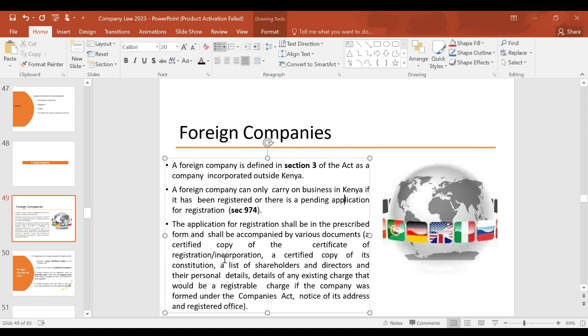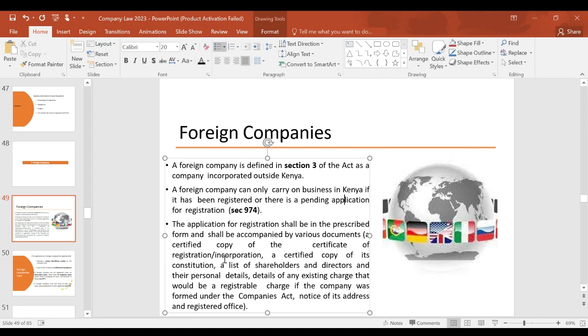During that registration process, there are several things that must be lodged to make sure that the company is registered. So we have a certified copy of the Articles of Association or the constitution of that particular company from whatever jurisdiction they come from, and they must also lodge with the registrar a certified copy of the certificate of registration or incorporation in the jurisdiction where it was incorporated.